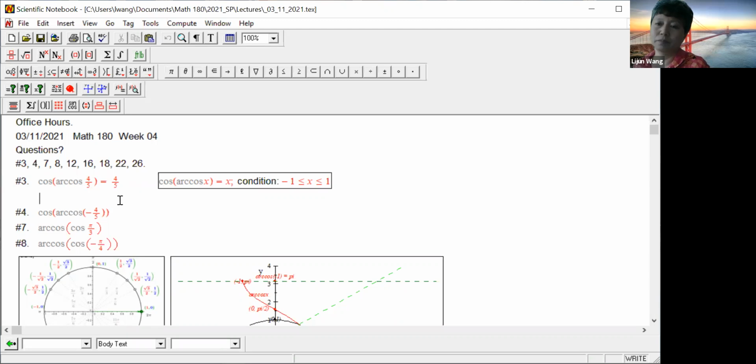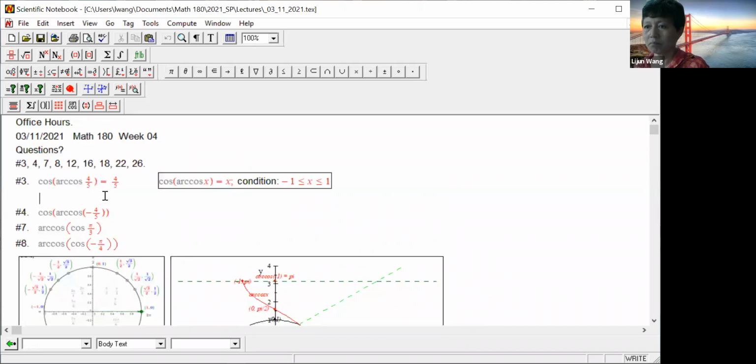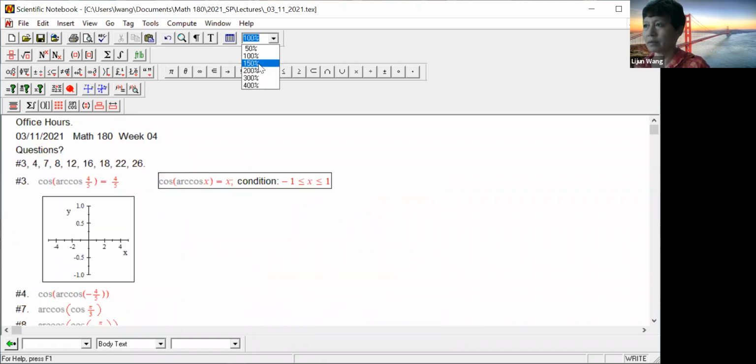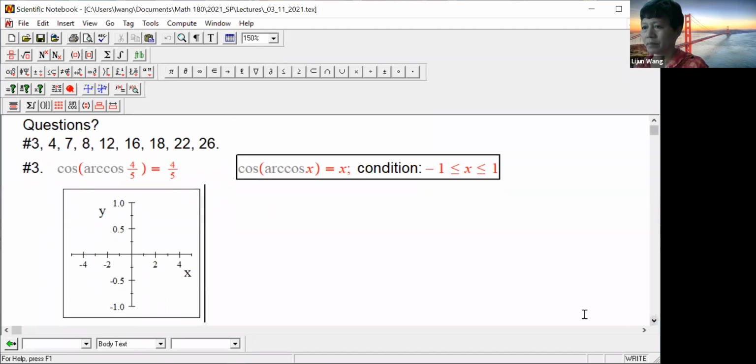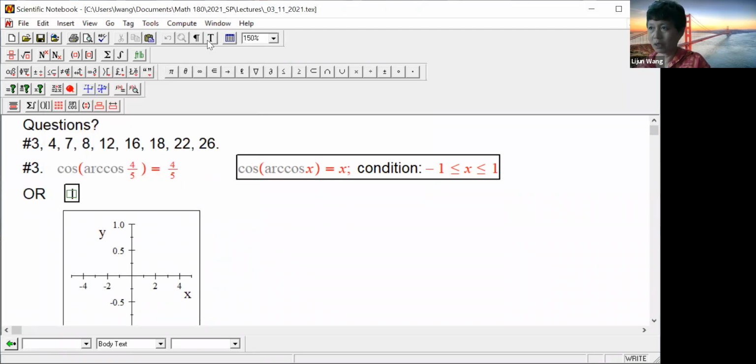What if we don't remember that? Okay, we need to understand that arc cosine takes an input ratio.